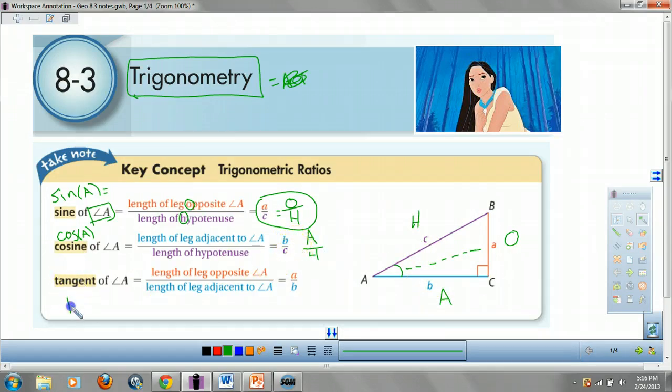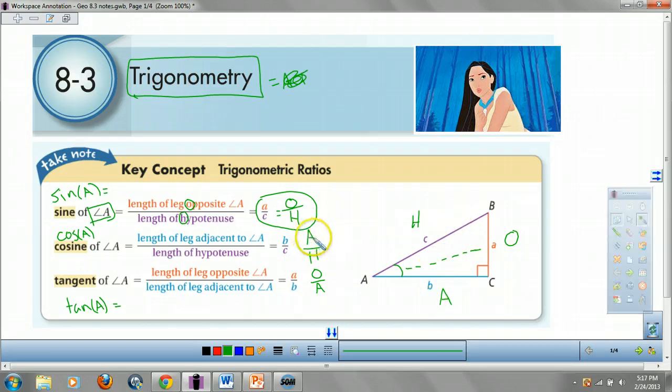And your tan of A, well, that's your opposite over hypotenuse. I'm sorry, it's your opposite over your adjacent. Opposite over adjacent.